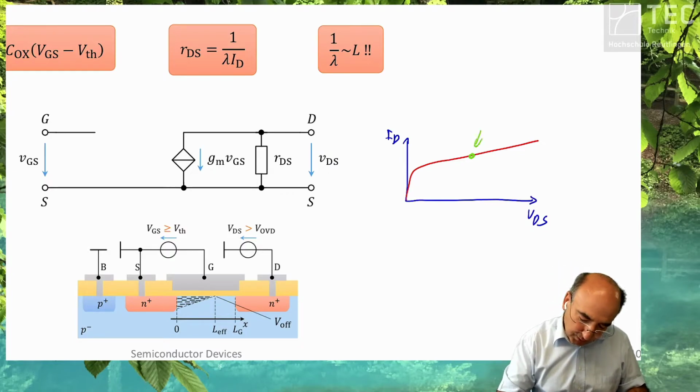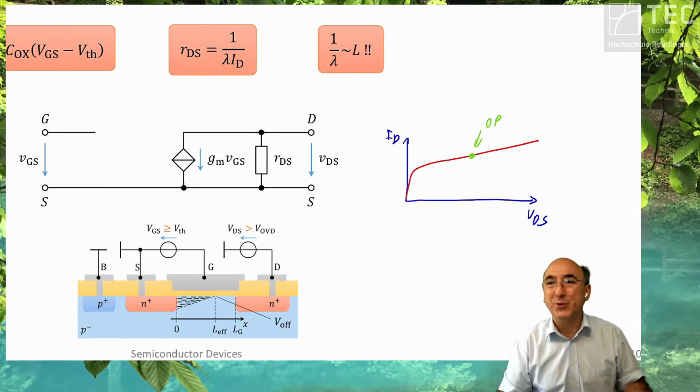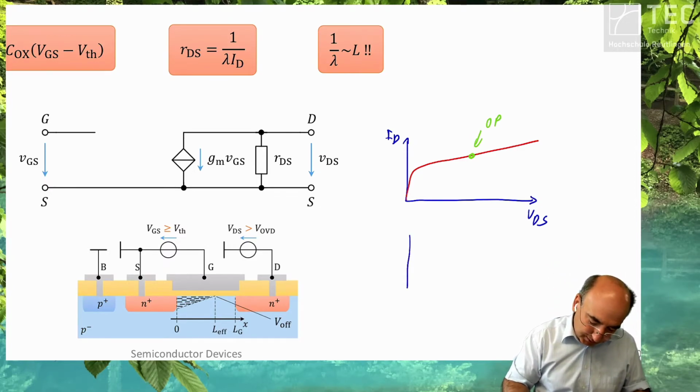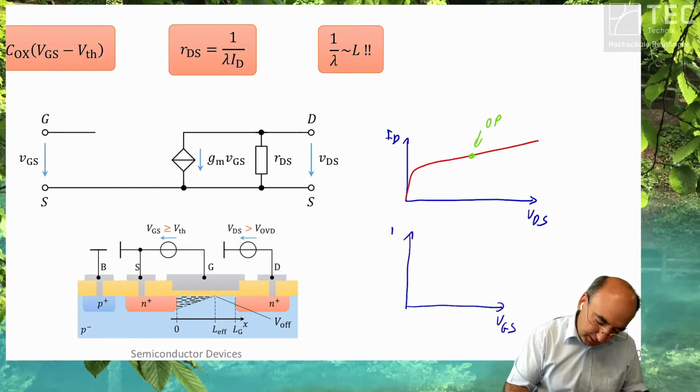This is your operation point, your bias. And in the transconductance curve, that's the VGS as a function of ID.